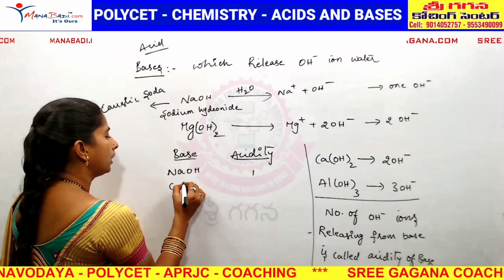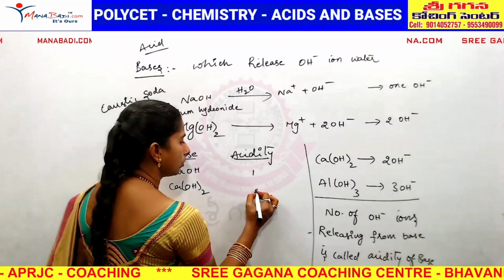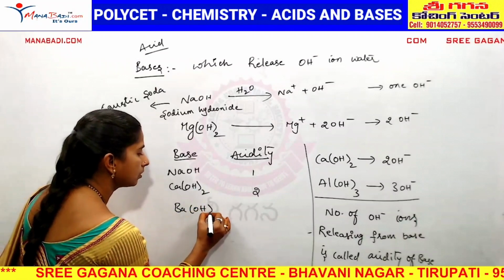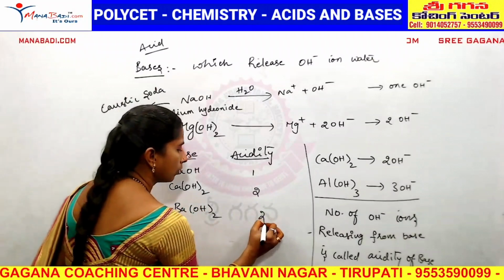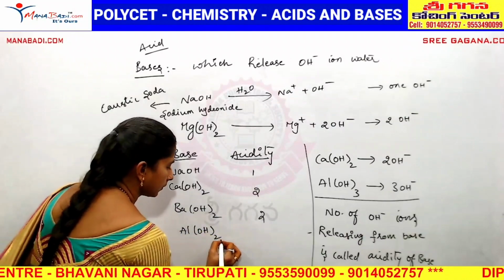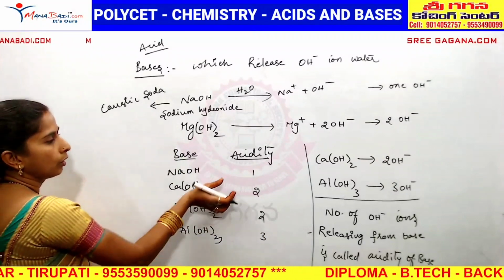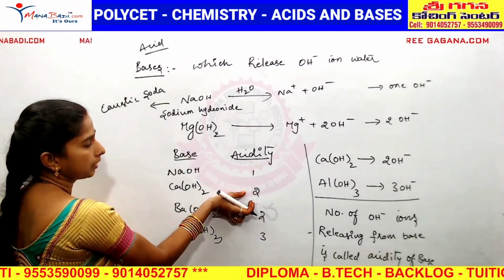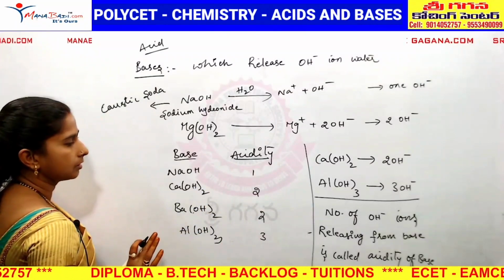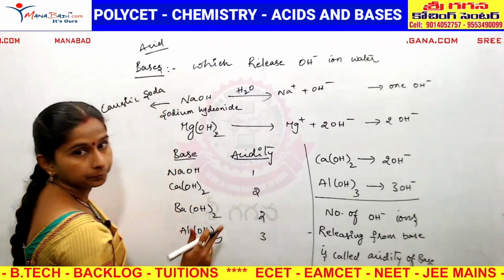Ca(OH)2: 2 OH minus ions, so 2. Ba(OH)2 is also 2. Al(OH)3 is 3. So this is monoacidic, diacidic, triacidic. This is the acidity of a base. Is it clear?